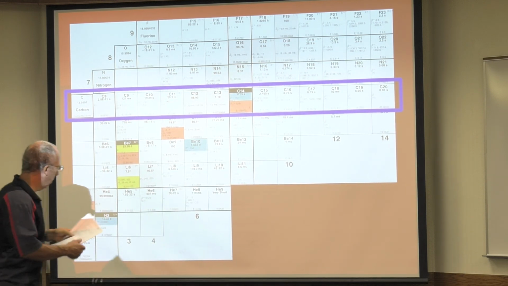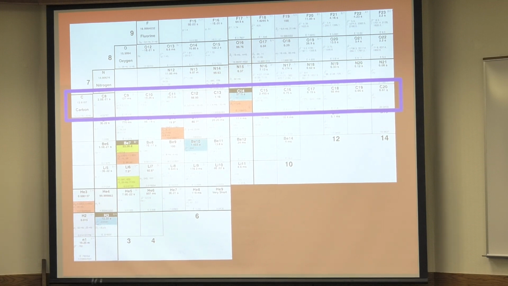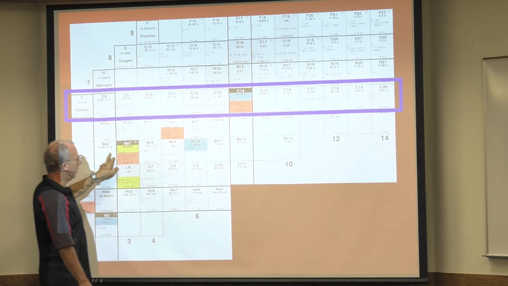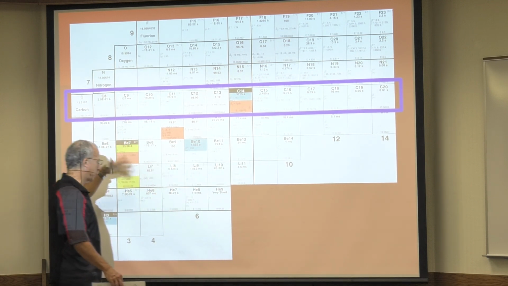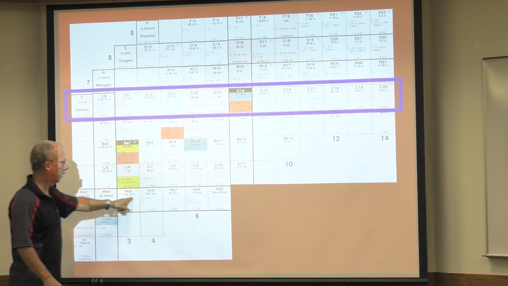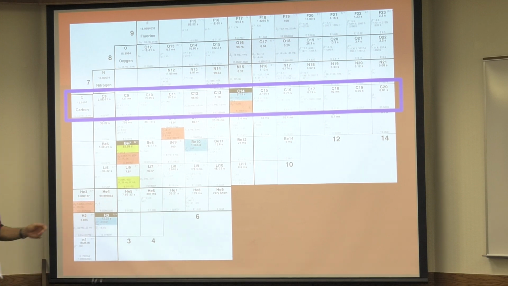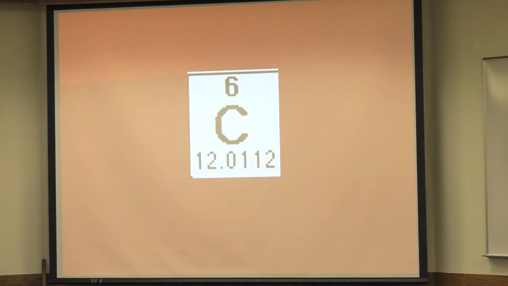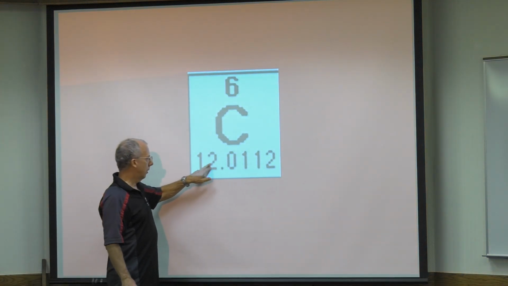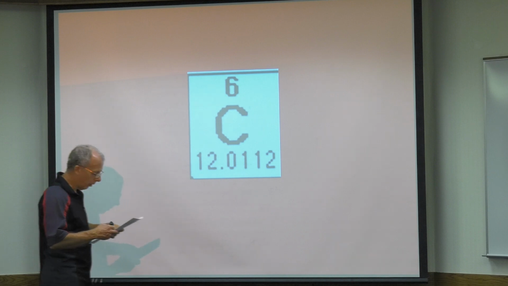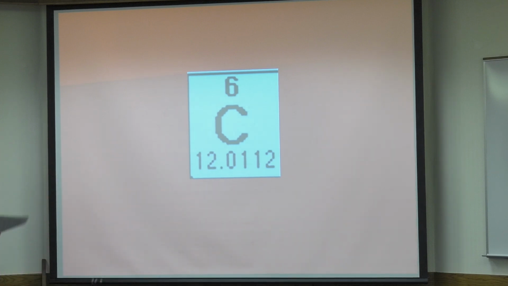Isotopes, all right? Look at them. Beryllium has a bunch of different types, and look at all the different forms of helium, just different numbers of neutrons. When you look at an ordinary periodic table, 12.0112, what's that? It's a weighted average.